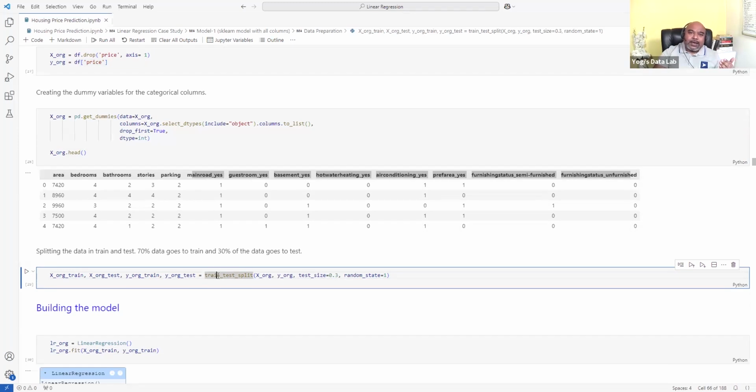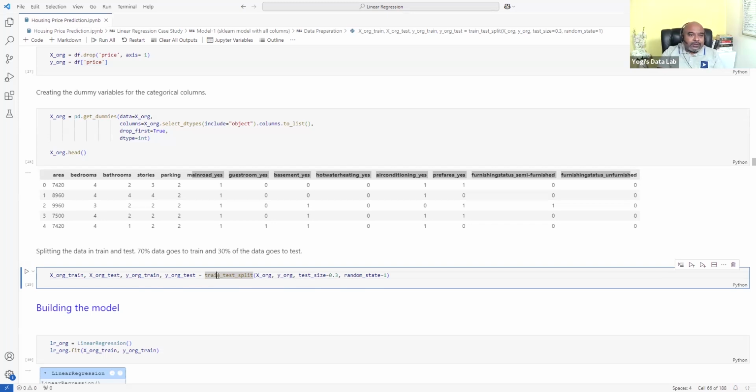So it is highly possible that any record which went into your train set could possibly go in the test set the next time you run it, and anything which was in the test set could possibly go in your train set. Because of the shuffling of the data which can happen every time you run, the results will keep on varying slightly. I don't want that to happen, and hence I am fixing it so that anyone who is running this code with the random state that I have set, the records which went into train for me also go into train for that person, and the records which went into test for me also go into test for that person. So this is known as setting the seed.